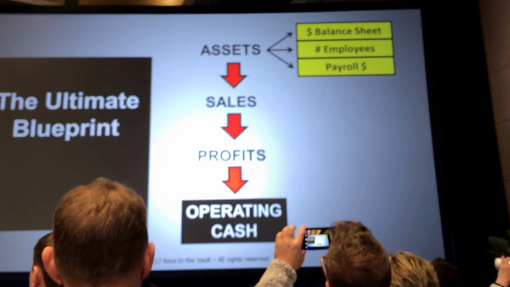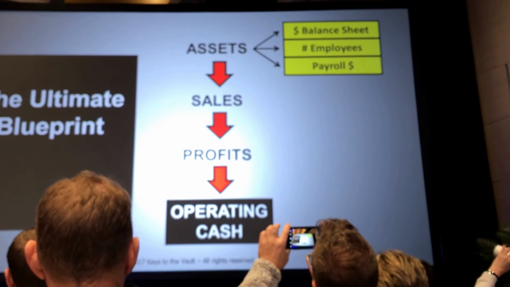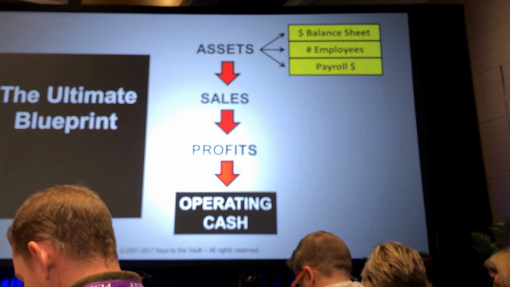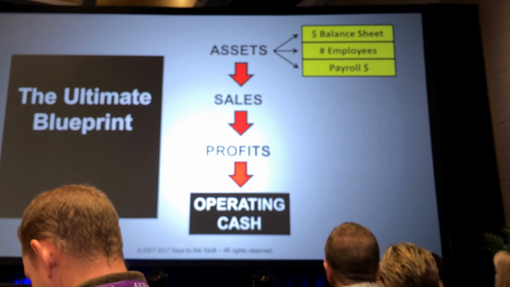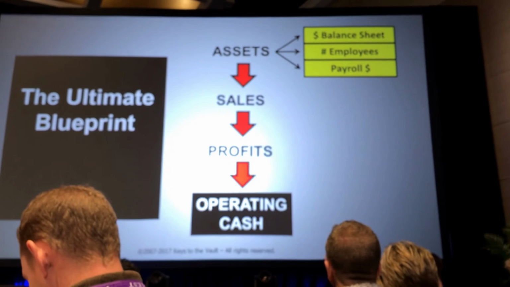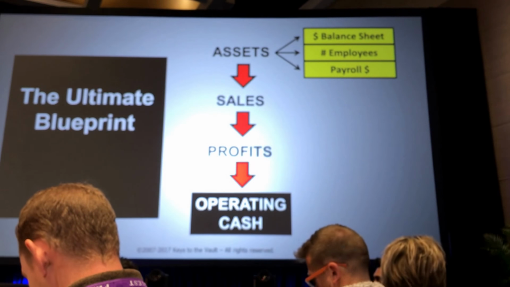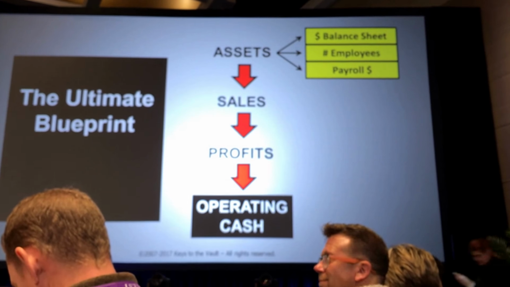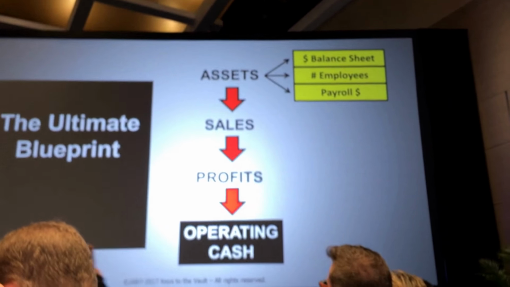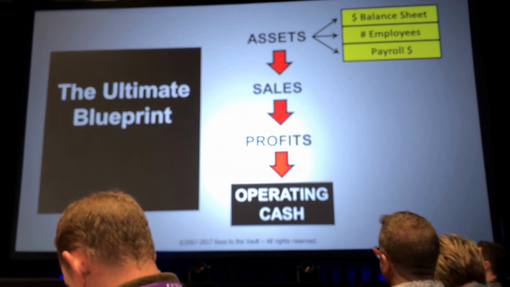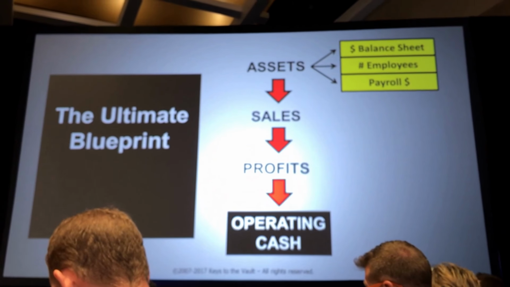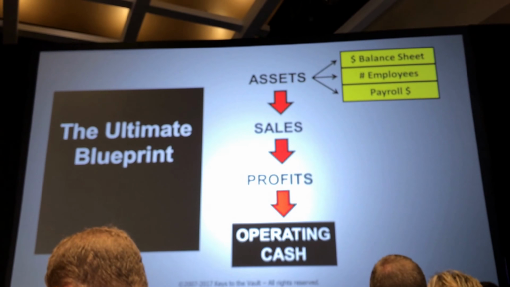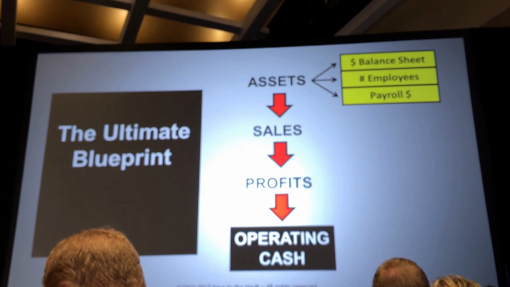Because at the end of the day, that's why we got them. The reason we got assets is to produce revenue. Now let me give you a key distinction. A key distinction is if you pimp your ride, you spent too much money on assets, and therefore it's going to make it harder to be effective at producing sales. Watch this.